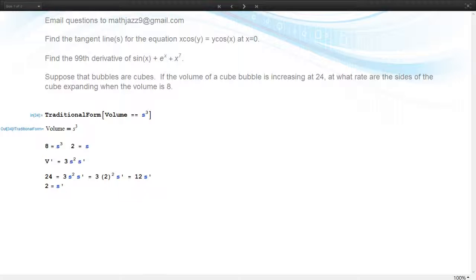That tells us that at the instant that we're concerned with, the derivative of the length of the side is 2. That means that we're increasing it 2 inches per, I think we said, second. That's a very rapidly increasing bubble.